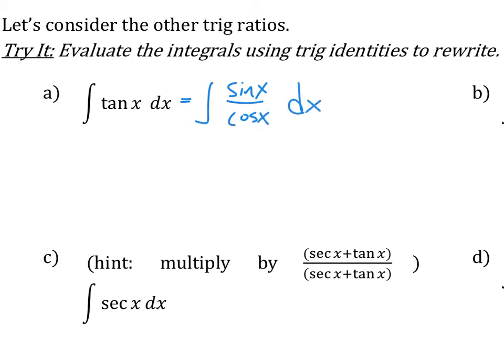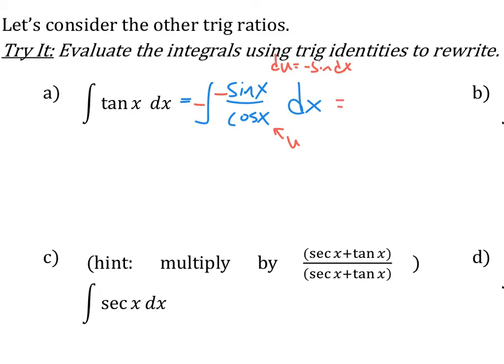The derivative of cosine is sine, so if we let this be u, then du would be negative sine dx. We need a negative, so we can put a negative here, but we have to multiply by negative 1 inside and outside there.